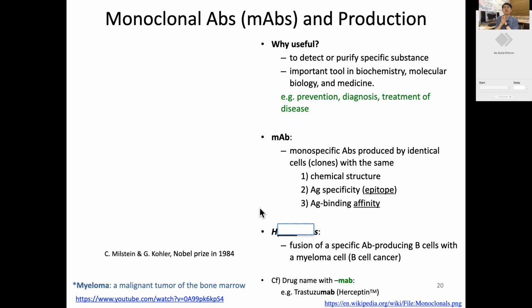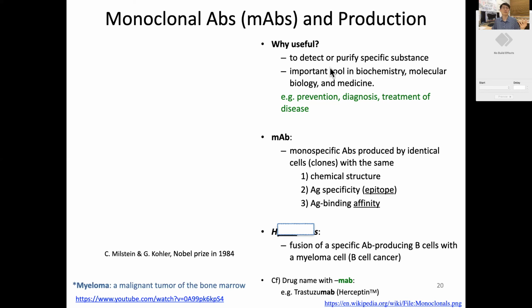So now the previous ones are polyclonal antibody, but in many cases, monoclonal antibody will be more useful. So for example, to detect or purify a specific substance, we better choose a monoclonal antibody.